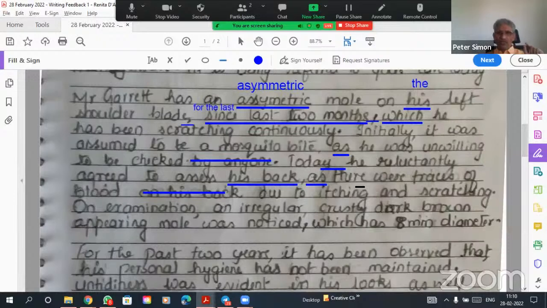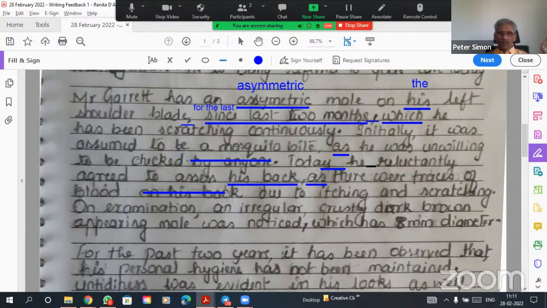Due to traces of blood after scratching. Fine, you can write like that. He reluctantly agreed for assessment. Finished.